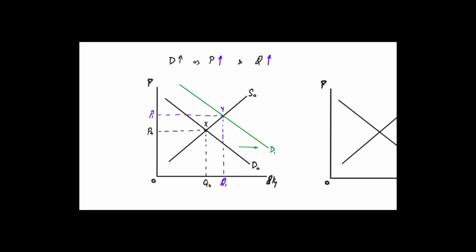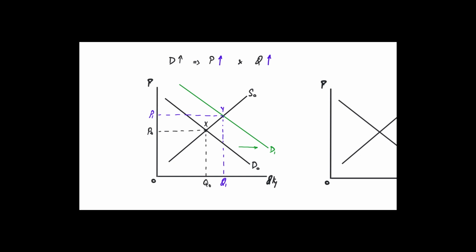Now, one thing I would really like to mention over here is just listen to the words that I'm saying. There is an increase in the demand, while there is an increase in the quantity supplied.